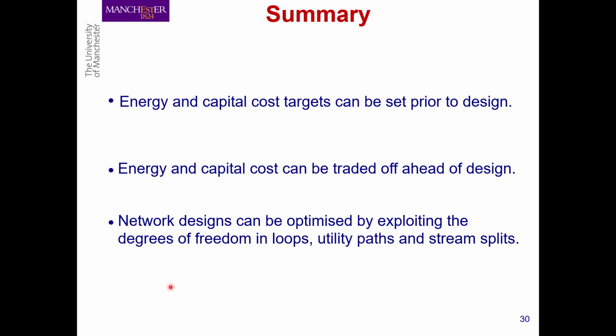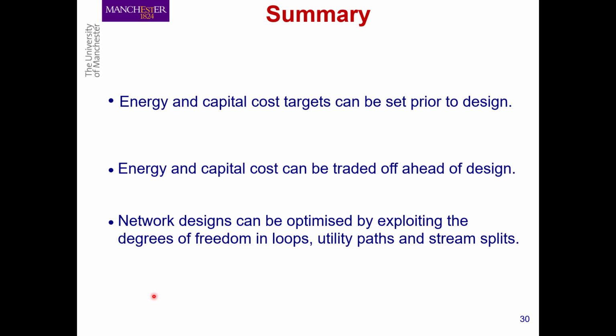We also discussed that there might be situations where we are actually deliberately not designing an MER HEN system. It means that our energy requirement would be higher compared to an MER system. And the reason being that we are trying to reduce the area or the capital cost of our system.